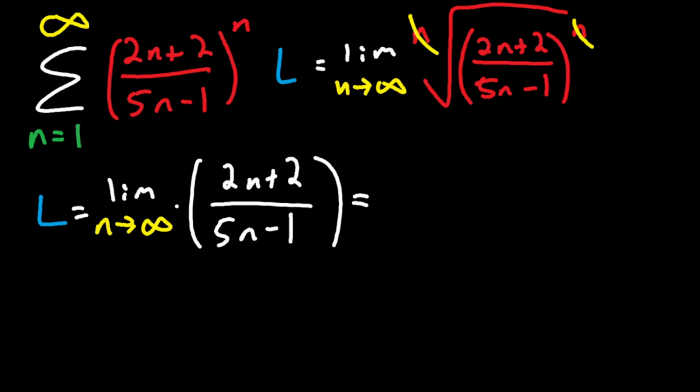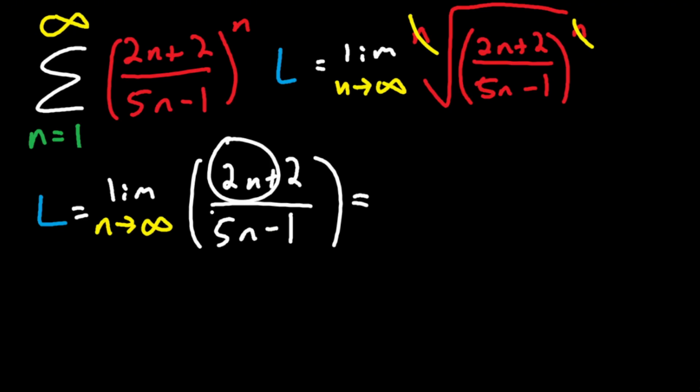So now that we have this, all we need to do is take a limit. If you take a limit as n approaches infinity for this, you're just going to get a horizontal asymptote. So when we take any limit as n approaches infinity, you only care about the largest exponents in the numerator and the denominator. What are the largest powers or exponents?